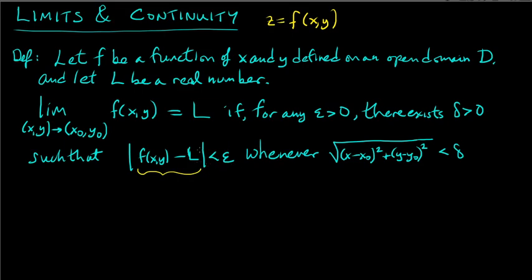They're within epsilon of each other. So that has to happen whenever the square root of (x minus x0) squared plus (y minus y0) squared is less than delta.